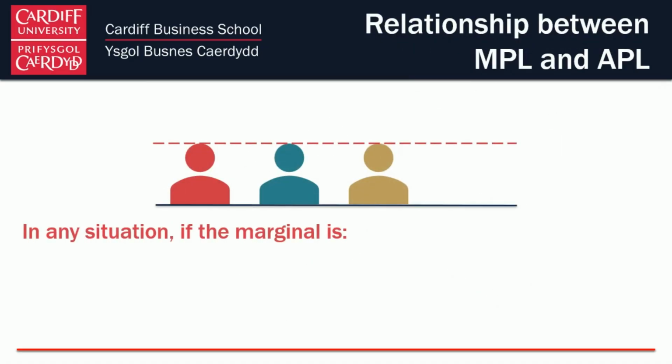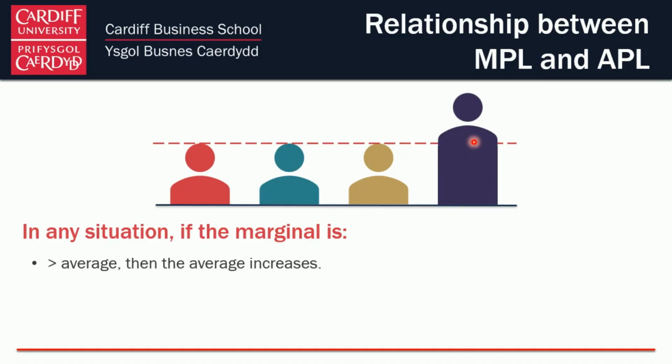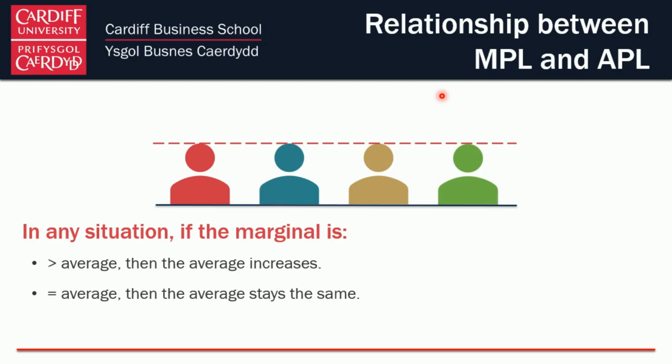Consider three people here. They have heights, and you look at their average height. Because they have the same exact height, the average height is the same as everybody's. Then you bring in the fourth person, the marginal person. If the marginal person's height is above the average, it is going to bring up the average. If the marginal person has the same height as the average, then the average is just going to stay the same.